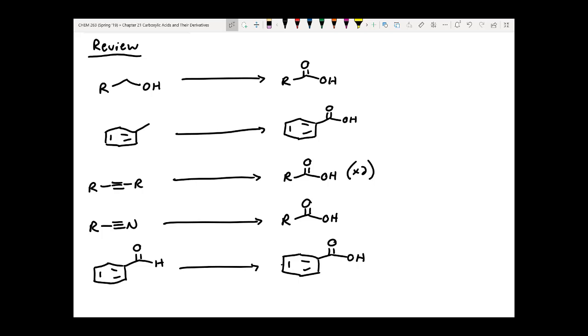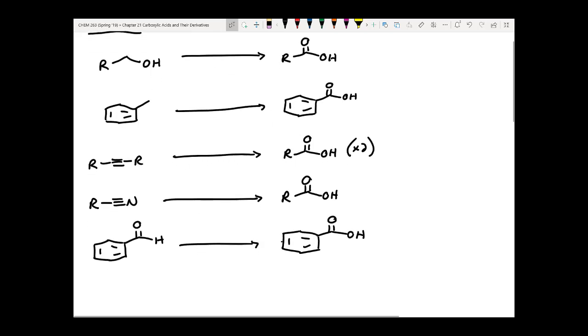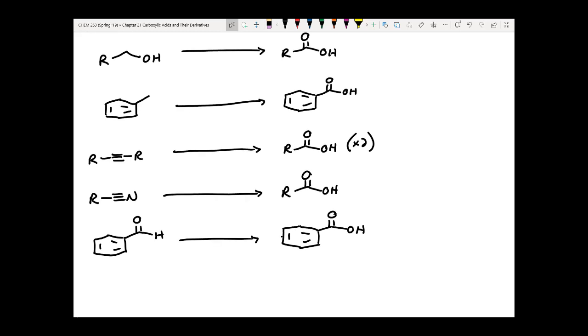So 1, 2, I see. So the last one, we're going from benzaldehyde to benzoic acid. That's the one we just went over. I know 2. You know 2? That's better than 0 or 1. Anybody know all 5? Maybe? Armand, the human organic chemistry sponge. Just ring them out.